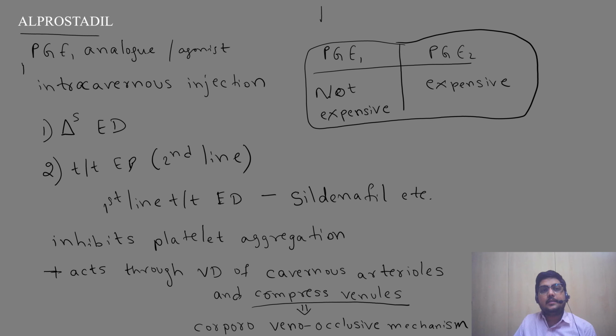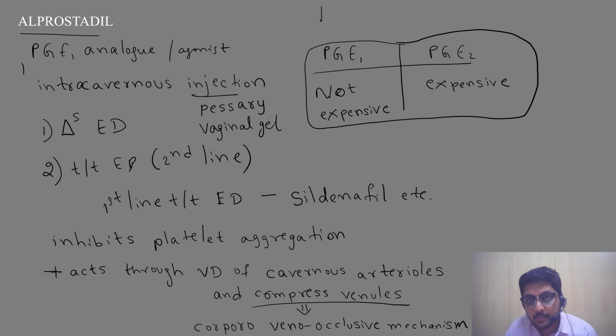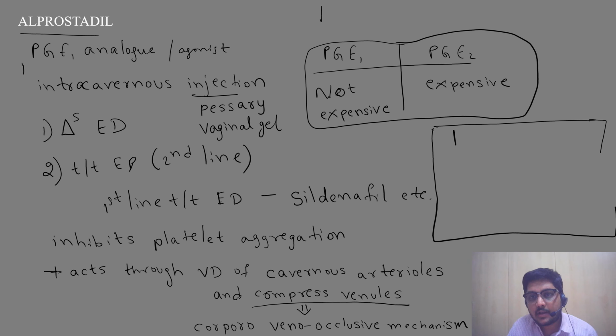And this alprostadil is given as an injection, I told you. Along with injection, it is available as pessary also. It is available as vaginal gels also. And one more thing, it has application in the pediatric department. How does alprostadil have a role in pediatrics?